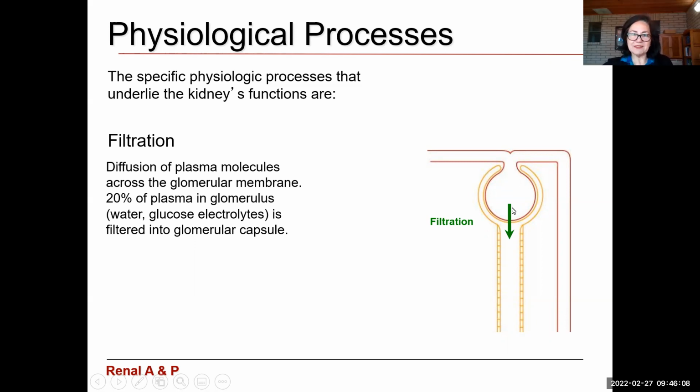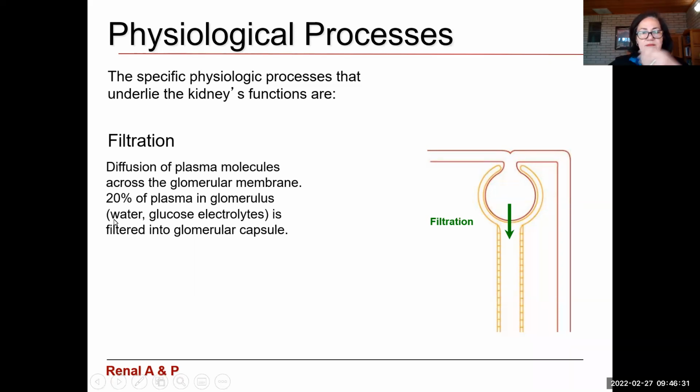When that fluid leaves the bloodstream with its solutes in it, that step is called filtration. So it's the diffusion of plasma across this glomerular membrane. And roughly 20% of the plasma actually leaves the blood at this point.